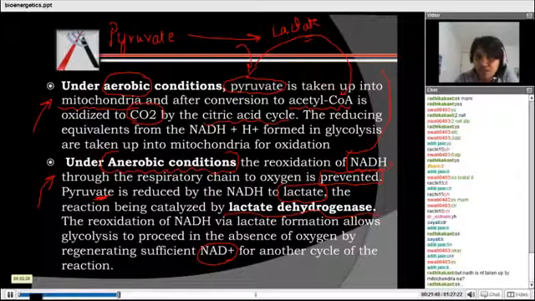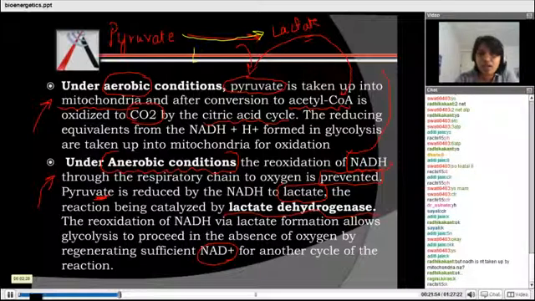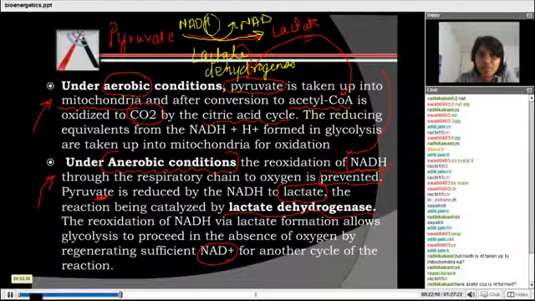But in anaerobic condition, this is not happening. The pyruvate that we had received now gets converted to lactate. For that we use the enzyme lactate dehydrogenase. And at this step, your NADH is converted to NAD, because this H is now taken up for the conversion.